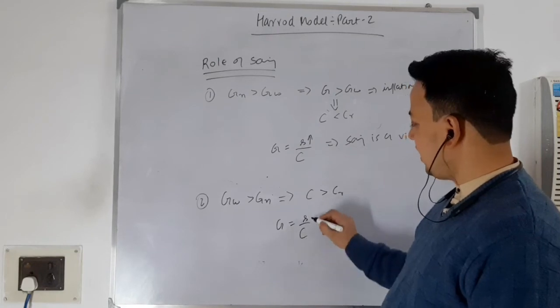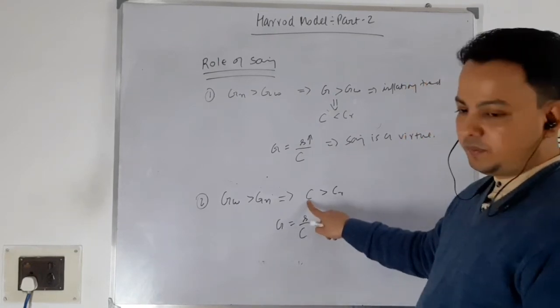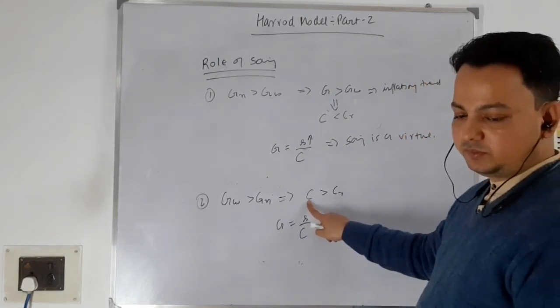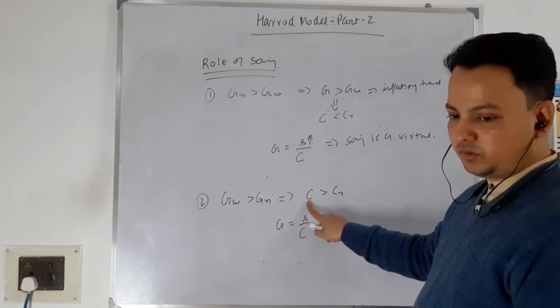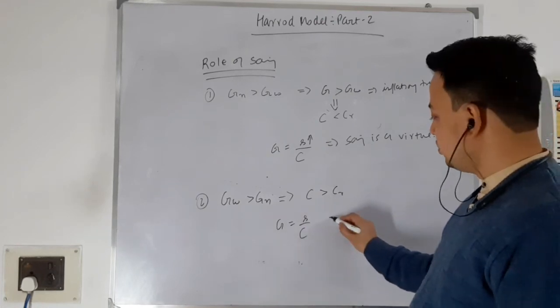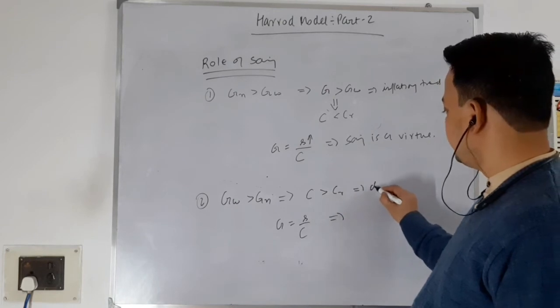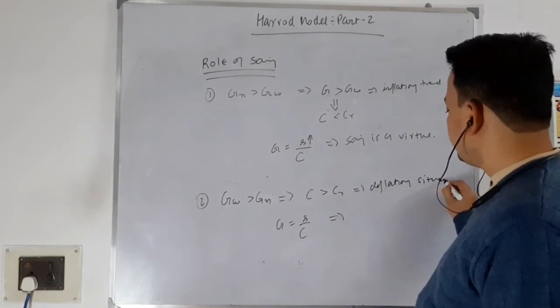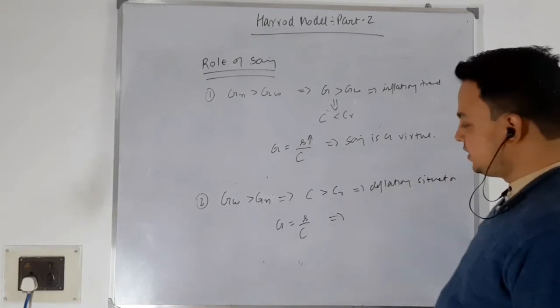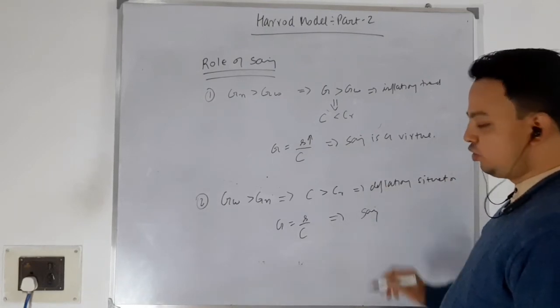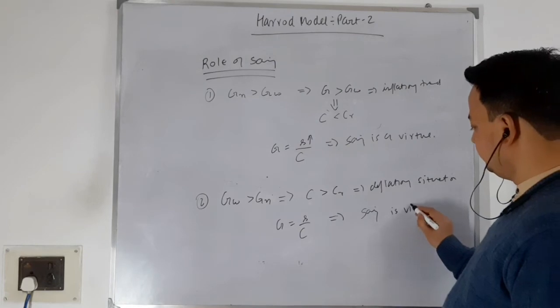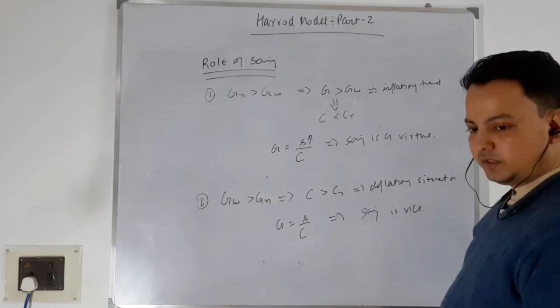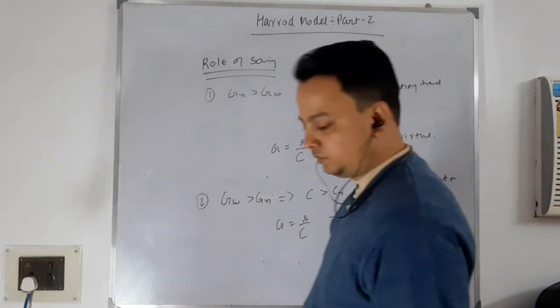If I am saving more, adding more to capital in stock, will it be good for the economy? No, it will not be good for the economy. So this is a deflationary situation, right? During a deflationary situation, saving is bad for the economy. Saving is a vice.